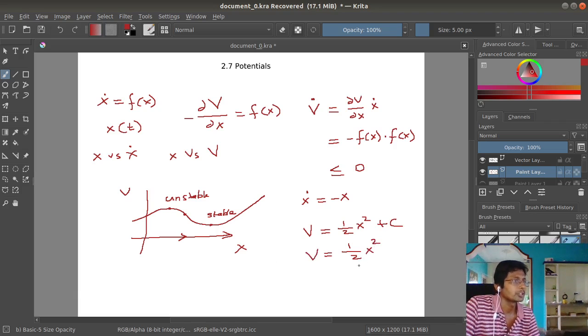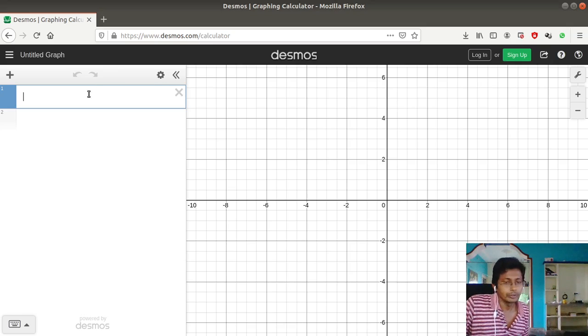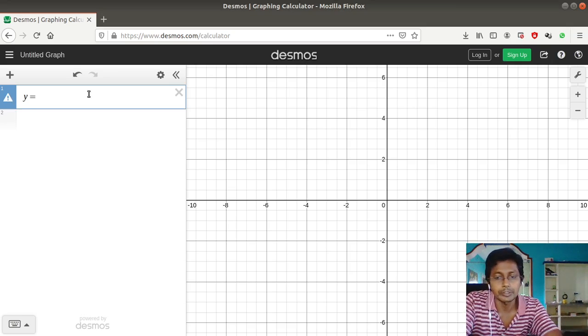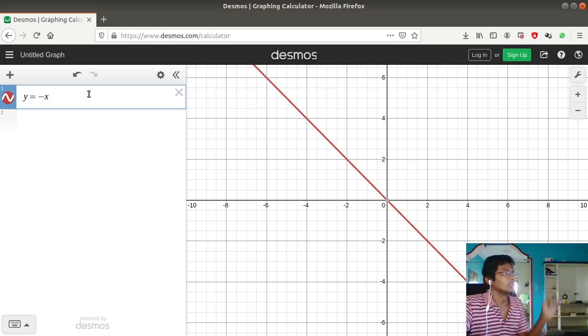Now let's plot this function. First let me plot minus f of x. That's x dot versus x, or f of x versus x.